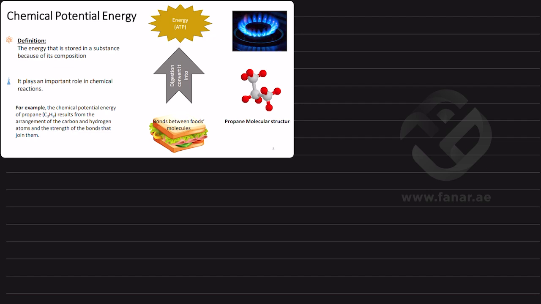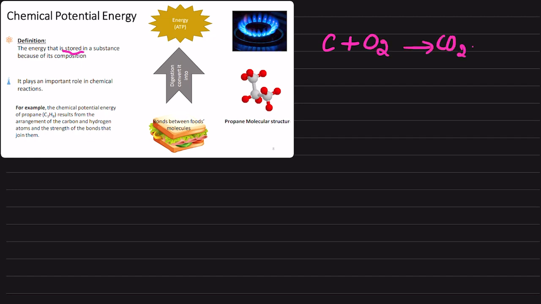Now, the potential energy. I told you potential energy means the stored energy, the energy that is stored in the molecule. If you take a chemical compound, the energy stored in the compound is what we call potential energy. For example, carbon plus oxygen forms carbon dioxide plus heat.